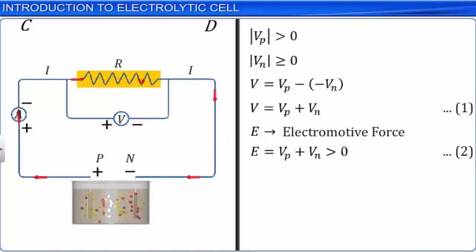A current I is established from C to D. As a steady current is maintained, the same current I passes from P to N in the external circuit and from N to P within the electrolyte present inside the cell.